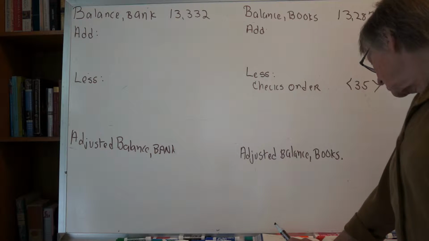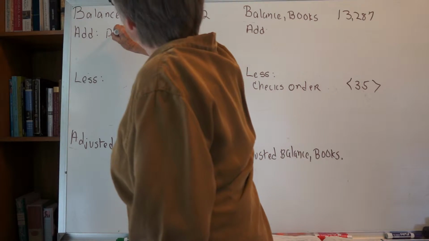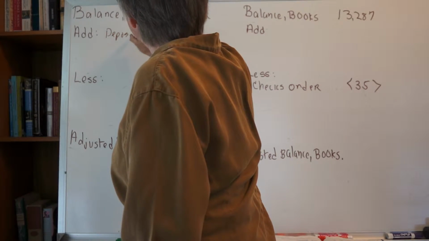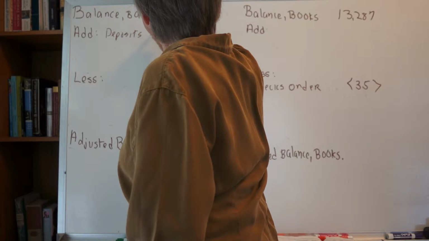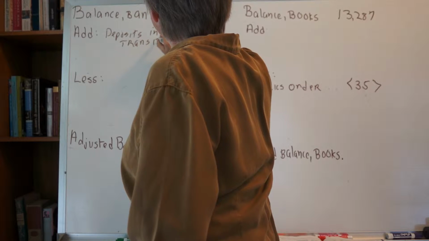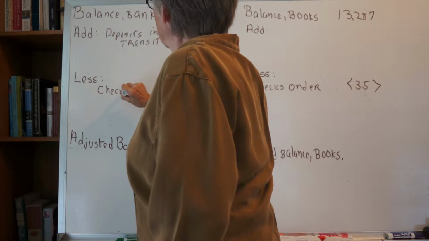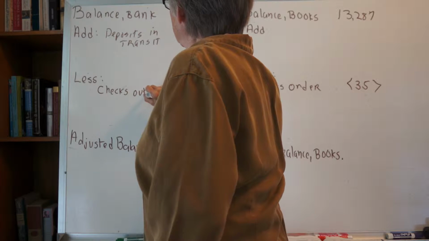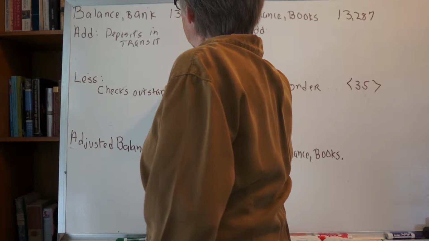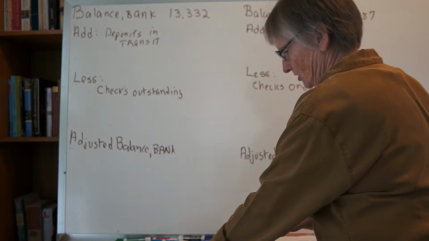Number 4 gives us the outstanding checks and the deposits in transit. So we know we're going to add deposits in transit, and we know we are going to deduct checks outstanding. These are the deposits that we have entered on our company books, but they haven't cleared the bank, and the same for the checks.